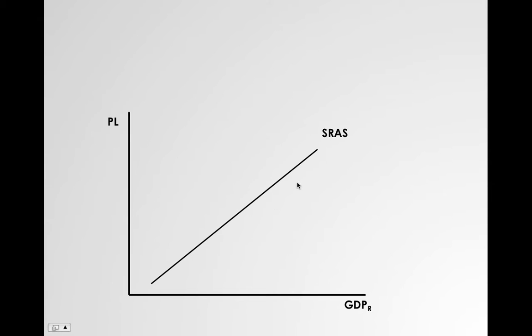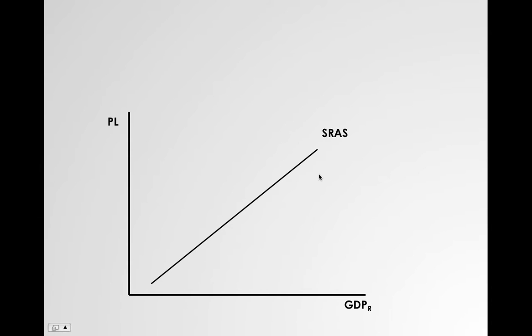So this is the supply curve. You can see it's labeled SRAS, which stands for short run aggregate supply. With aggregate supply we'll talk about short run and long run, but we'll save that for the next video lecture. You could also just label this AS, so either SRAS or AS. It's just like a supply curve, but we're looking at it in the macro sense.